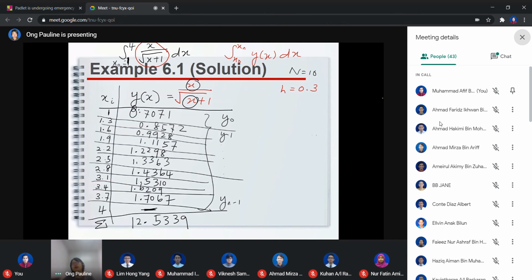Lastly, let us substitute the answer that we obtain into the rectangular rule.